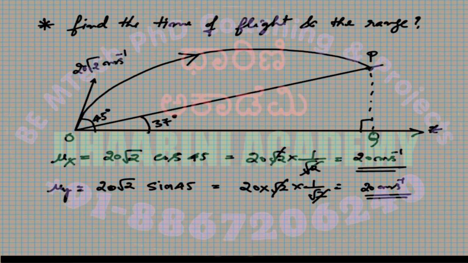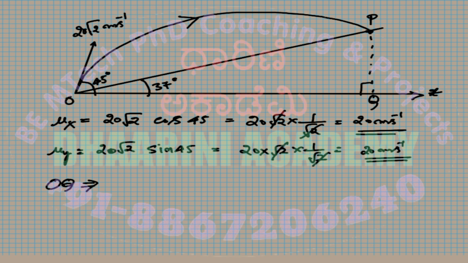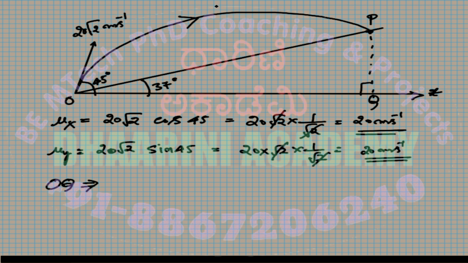Using ux, the horizontal velocity, after time t seconds it is going to cover the distance OQ along the x-axis, though the object is moving along OP.